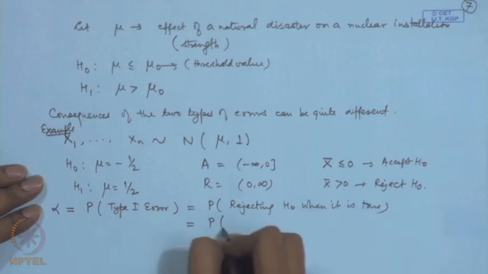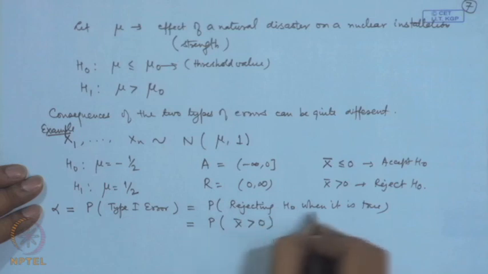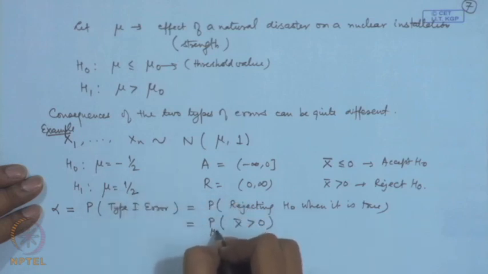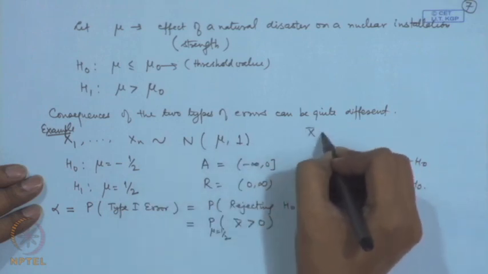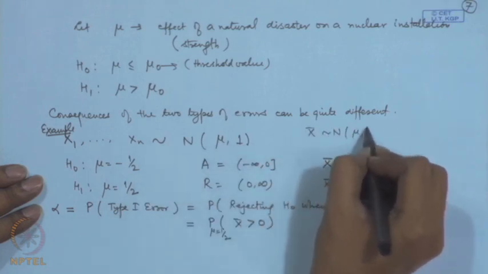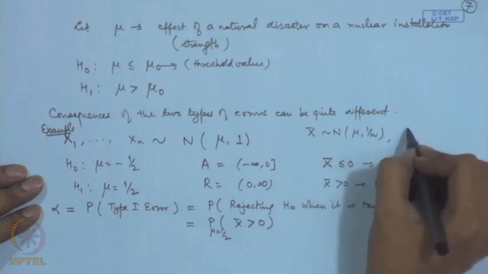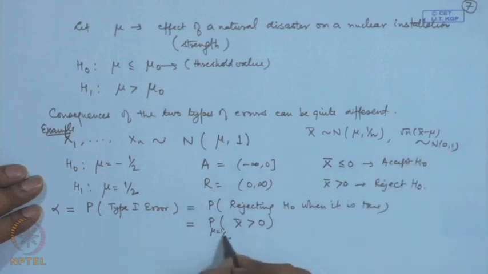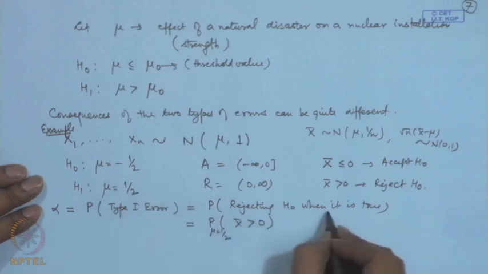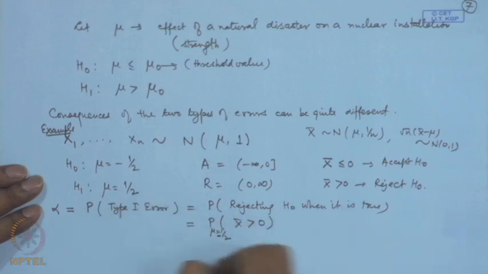That is the probability of the region x bar greater than 0 when it is true, that is, mu is equal to minus half. Now, here the distribution of x bar is normal mu, 1 by n. So, root n times (x bar minus mu) follows normal 0, 1.